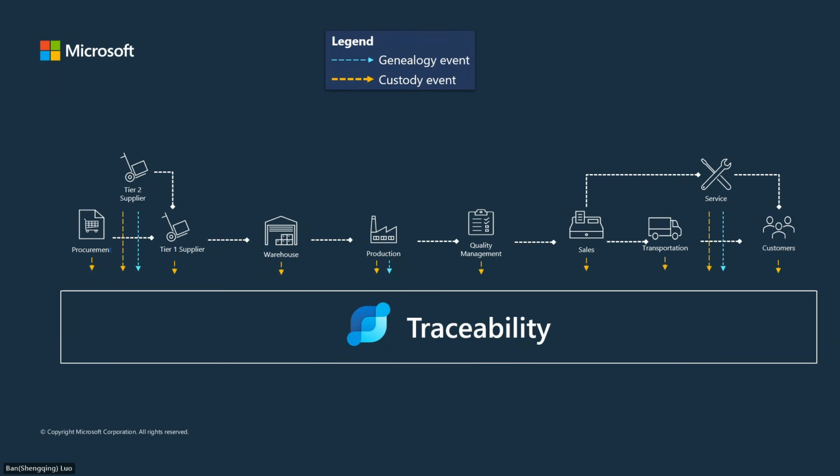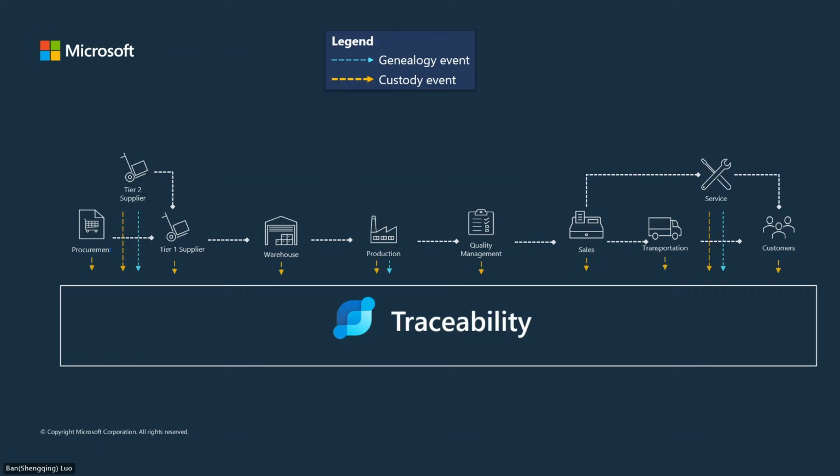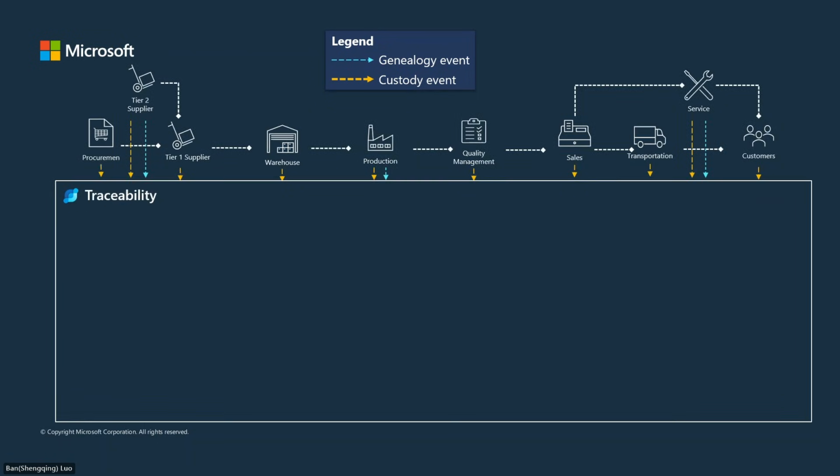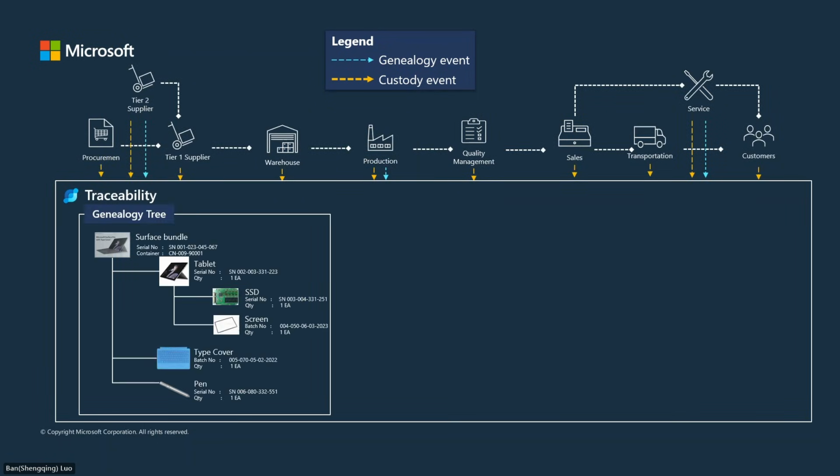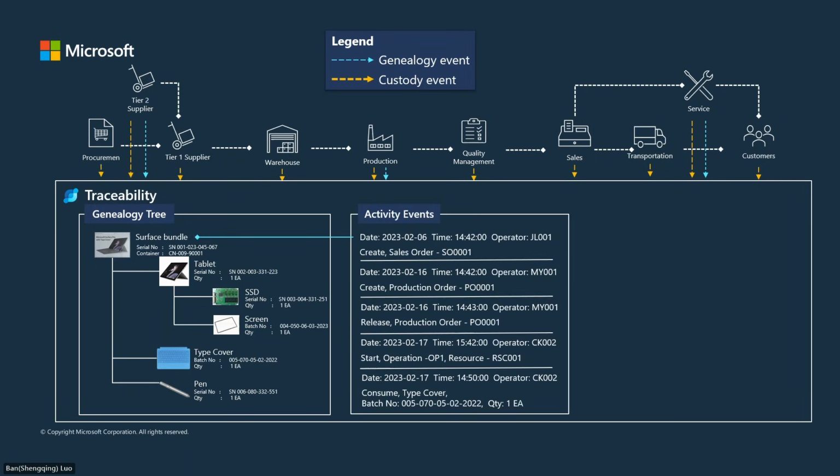That allows us to build a complete picture of what went into a specific component. The other one is the custody event. This is essentially answering the question, what happened along the way through our value chain, who did it in our organization, who delivered it, and where did it end up.